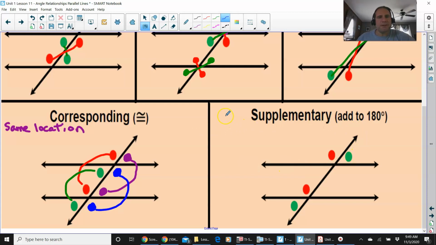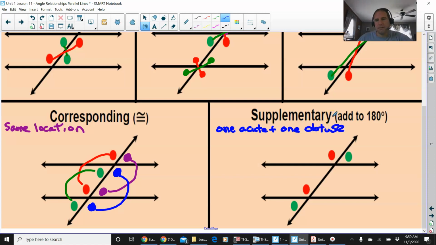Remember, supplementary, we are going to put one acute plus one obtuse in this case. All right, so one acute and one obtuse. So right here is the obtuse angle. This is 180 degrees.